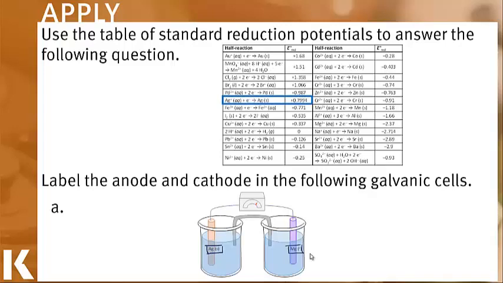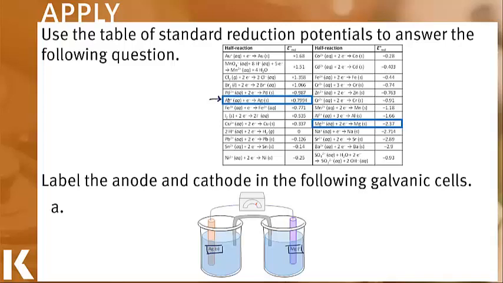Silver is right here and has a reduction potential of positive 0.7994. Magnesium is over on the right and has a reduction potential of negative 2.37. It's obvious when I look at these two that my silver has the more positive of the two reduction potentials.